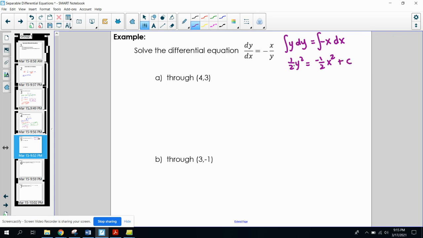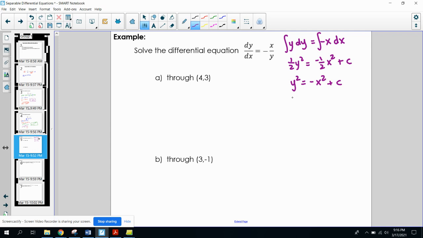We're trying to solve for y, so I'm going to multiply both sides by 2. So this will be y squared equals, when I multiply this side by 2, 2 times negative a half, that's going to give me negative x squared. And then when I multiply 2 times c, again, 2 times a constant is just going to be some constant. So I'm going to just keep that as plus c.